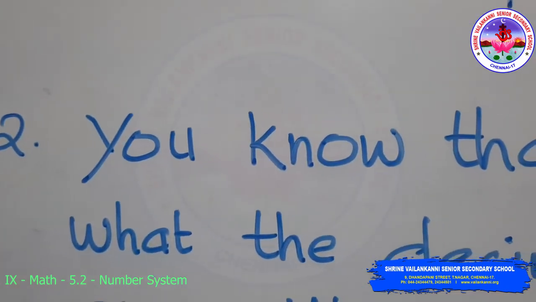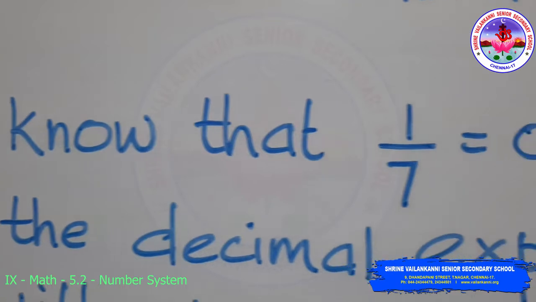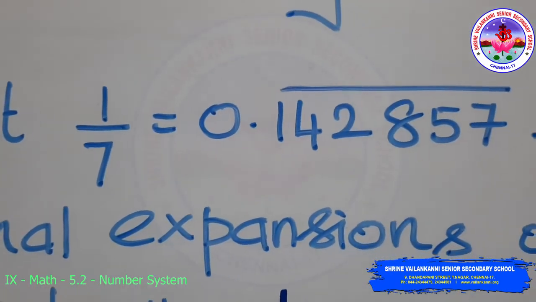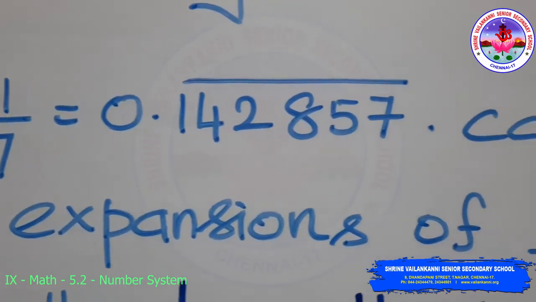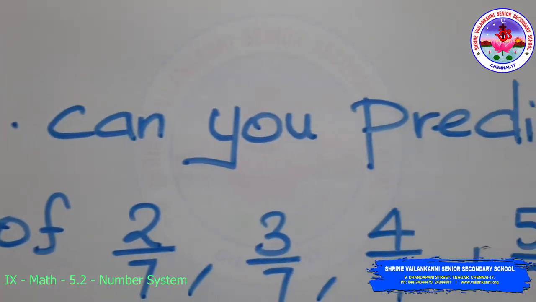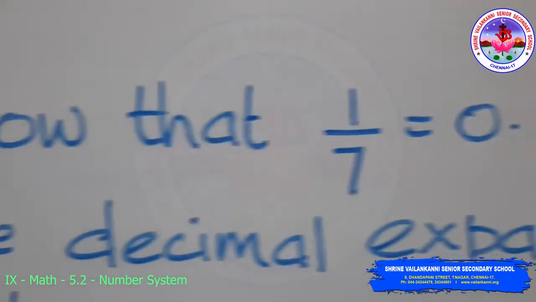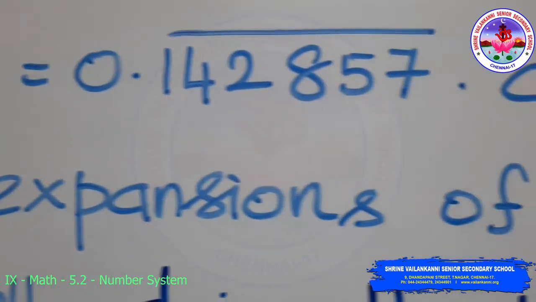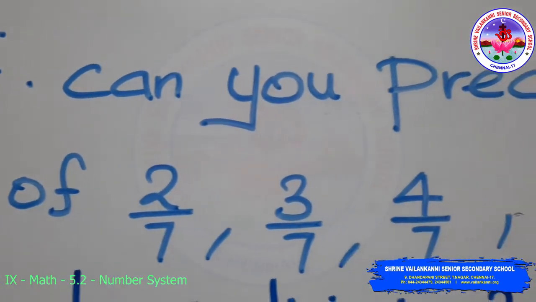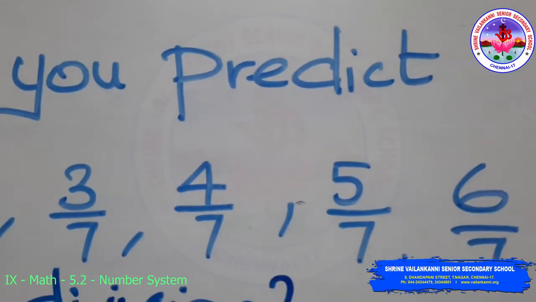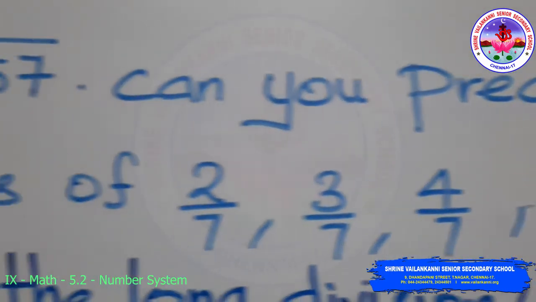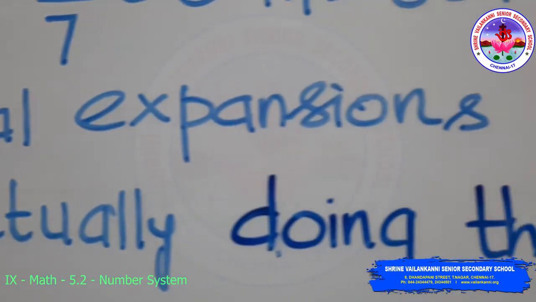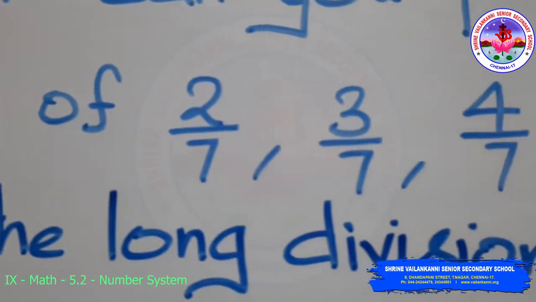Second problem: it's given that 1 by 7 is equal to 0.142857 bar. Can you predict what the decimal expansions of 2 by 7, 3 by 7, 4 by 7, 5 by 7 and 6 by 7 are without actually doing the long division?